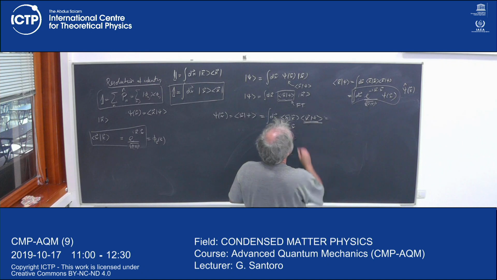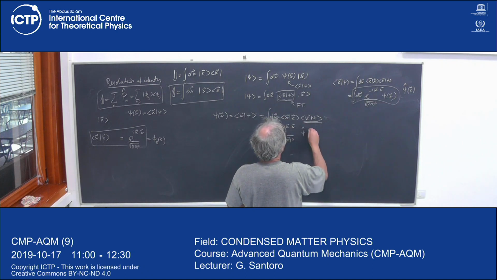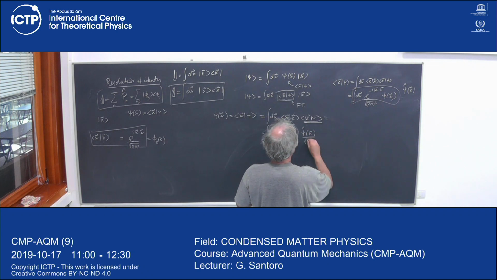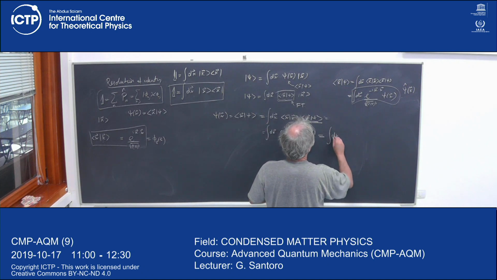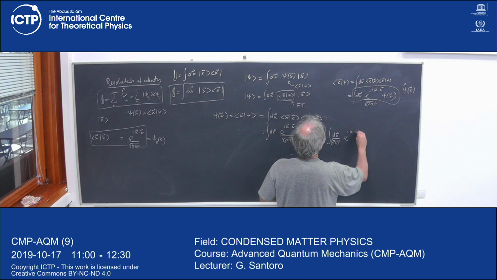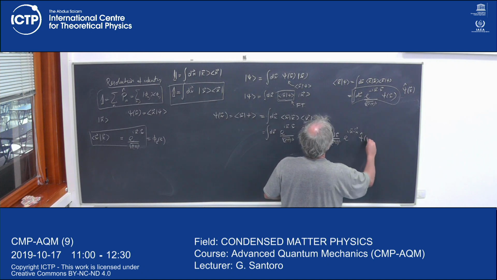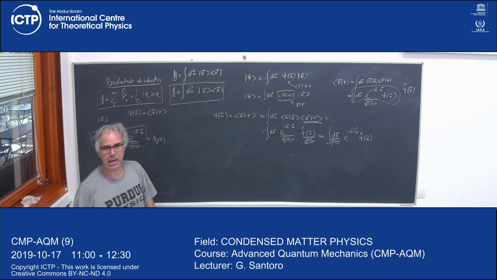And what is this? Well, we wrote it there. It is the Fourier transform of the wave function divided by square root of (2π)³. So the result of this calculation is the integral over k over (2π)³ of e to the i k x times ψ hat. What is this? The inverse Fourier transform.